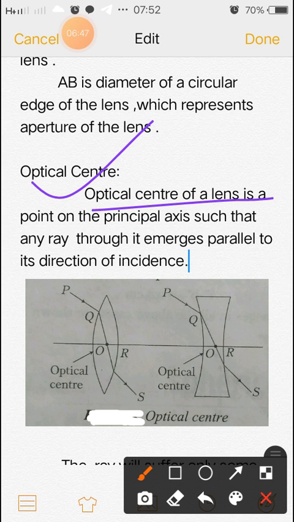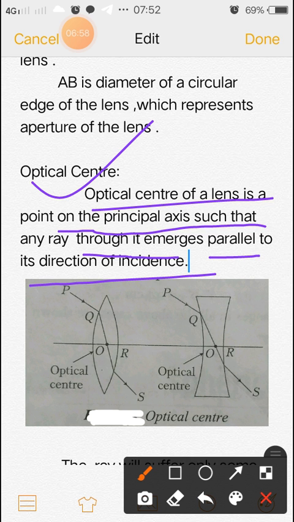The optical center of a lens is a point on the principal axis such that any ray through this point emerges parallel to the direction of incidence. Look at the ray PQ. PQ is the incident ray, and after refraction it passes along QR.